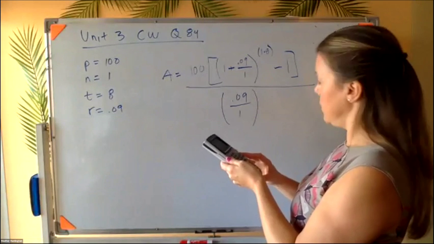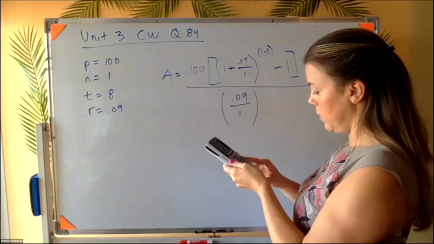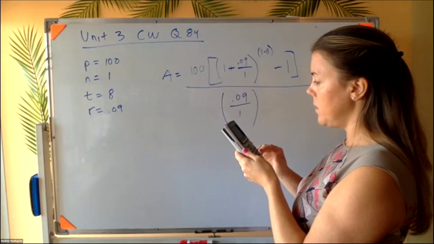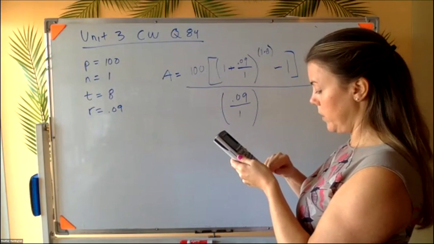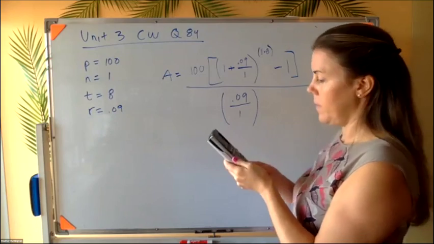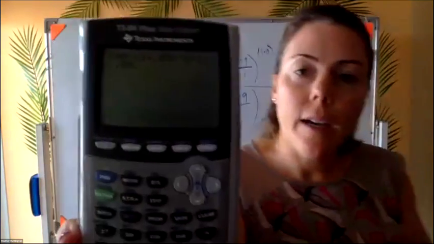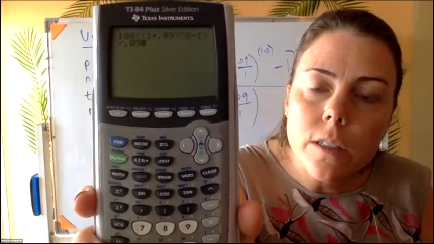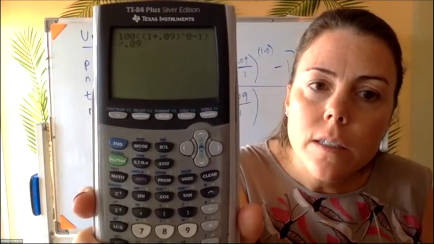Parenthesis, caret to the 8 minus 1, and then all of that divided by 0.09. All right, so this is what I have. I'm going to press enter in a hot second.